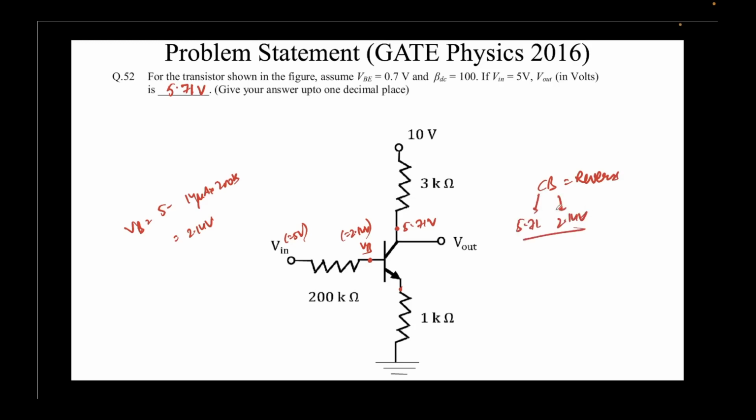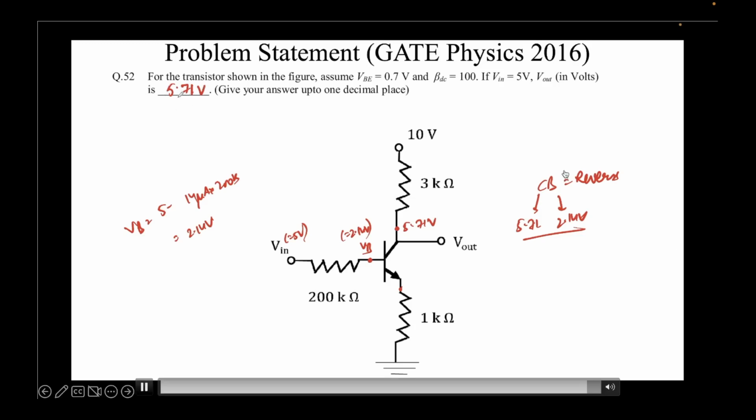So our assumption is correct, and using this assumption of forward active mode we calculated that Vout is 5.71 volts. Since the answer is to one decimal place, we can simply write it as 5.7. Note, one decimal place, so 5.7 is the answer.